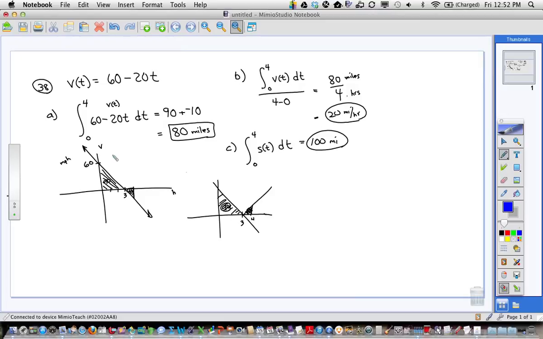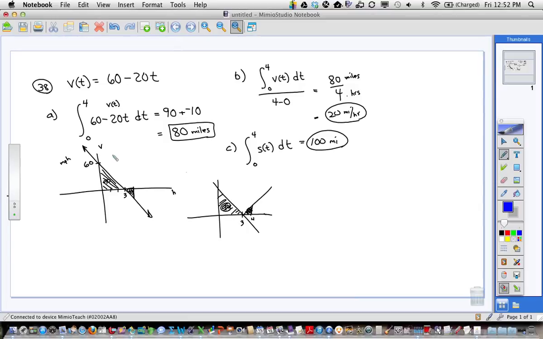And so what happens by doing the absolute value of velocity, everything becomes positive, so all the areas will be positive and everything will add together. Nothing will take away, like it does with displacement. Okay? And then in D, they wanted the average value of the speed. So the average speed would be just this divided by 4, which would be 25 miles per hour.